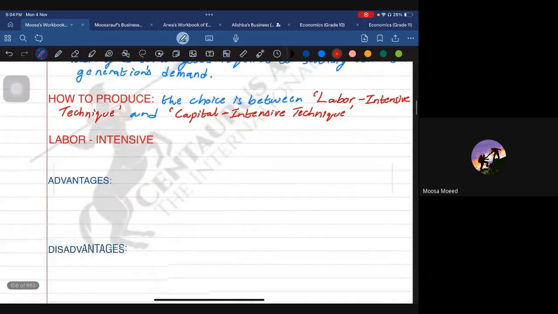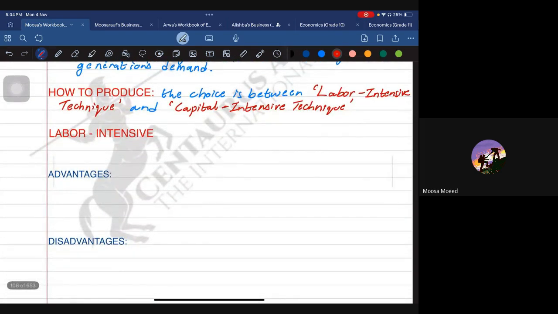So if we talk about the labor intensive technique first. In the labor intensive technique, productivity is mostly dominated by labor.